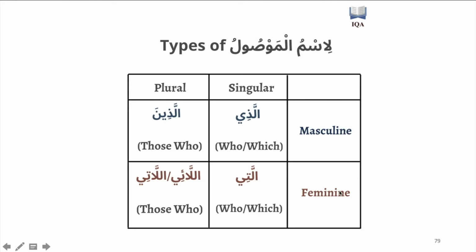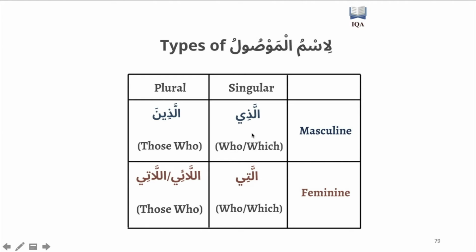The plural feminine version of alladhina has two different forms: allai and allati. So I'll say al-muslimat allai or al-muslimat allati. Either is fine. So these are the different types of ism mawsool based not only on the number of the thing, but also on the gender of the thing.